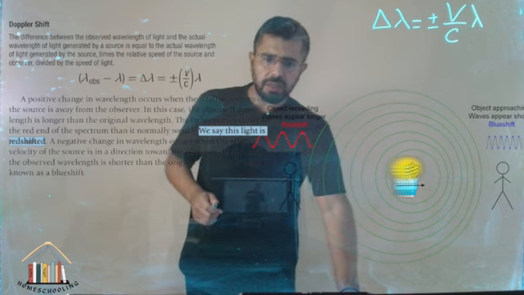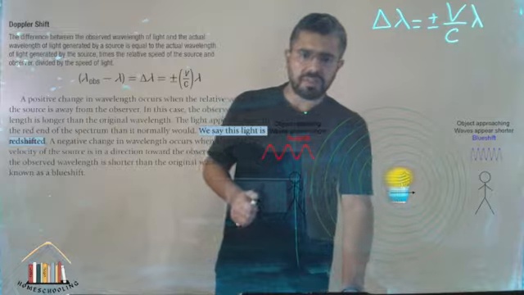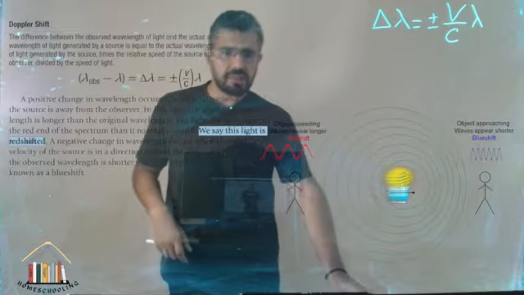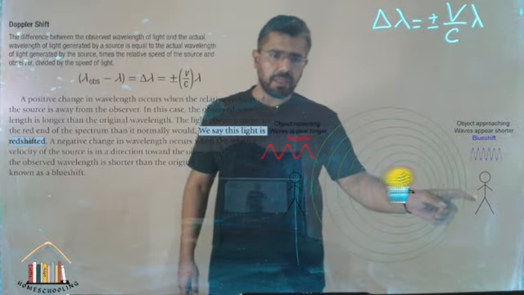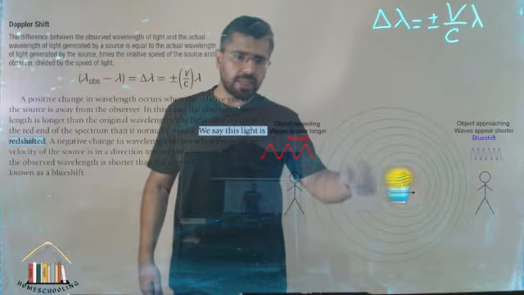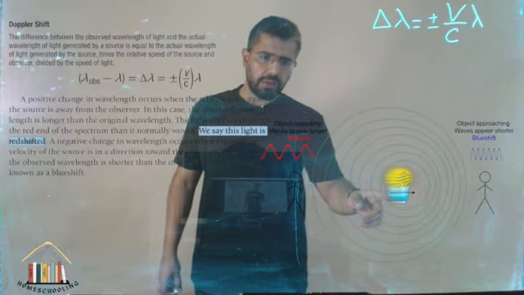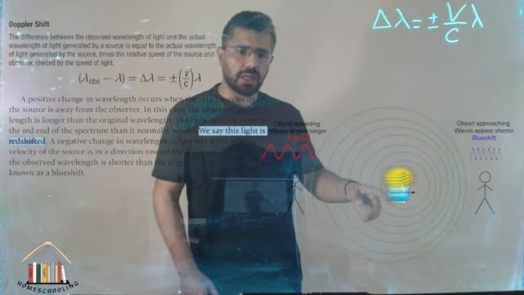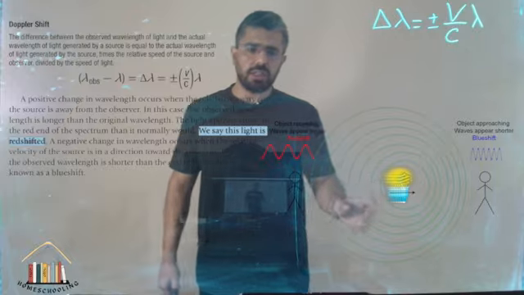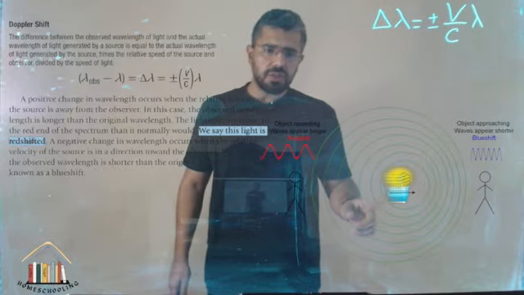Imagine the Doppler effect again, but this time instead of sound, light. This is the source of light here in the middle. If the light is coming towards me, look at the waves. Of course the speed of the motion will have to be super high to notice such a difference.